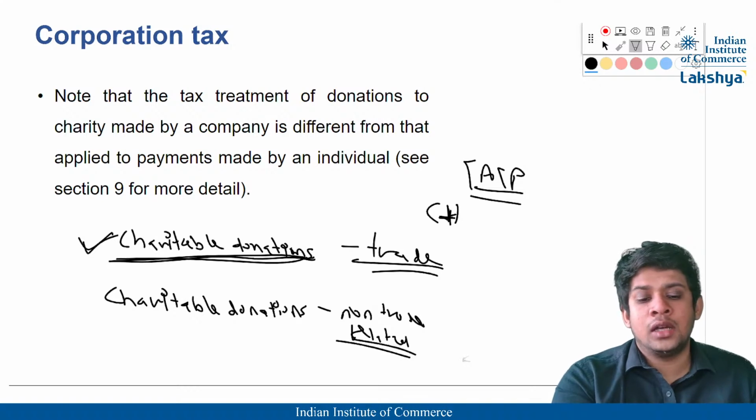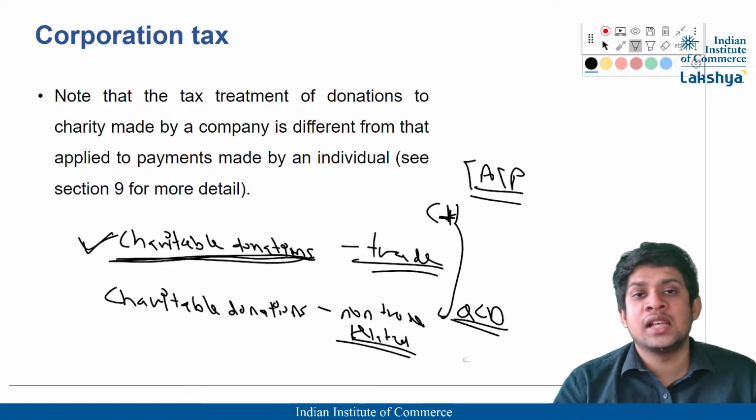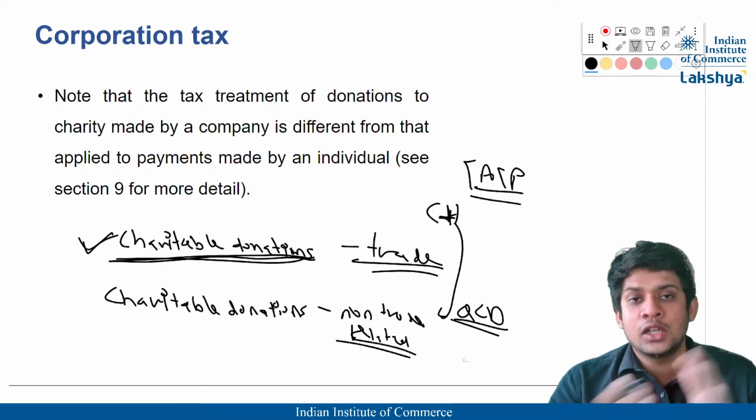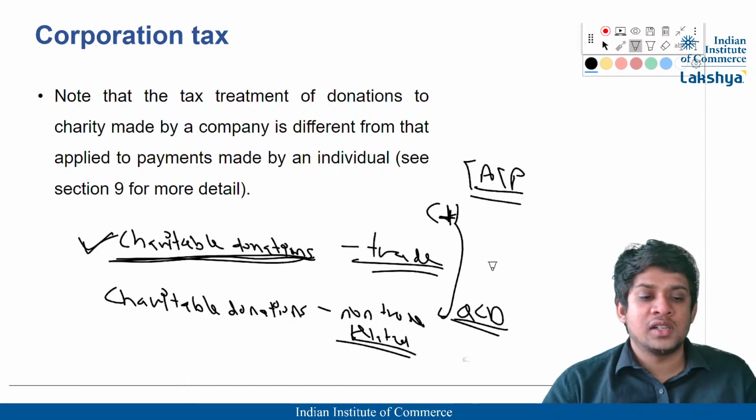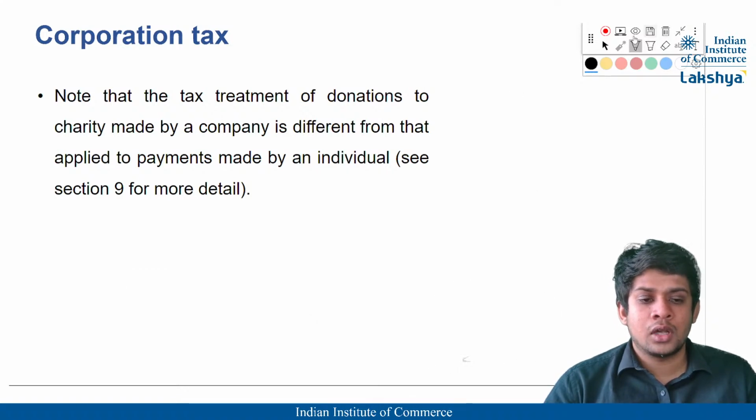Not because I cannot get a relief for it, but I will get a relief for it in QCDs. I will separately take it under the head QCDs and deduct the QCDs from the total profits. So it will be added back here because it is disallowable here, and it will be deducted in the QCD calculation.